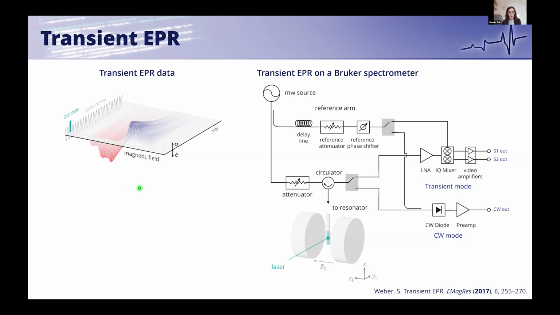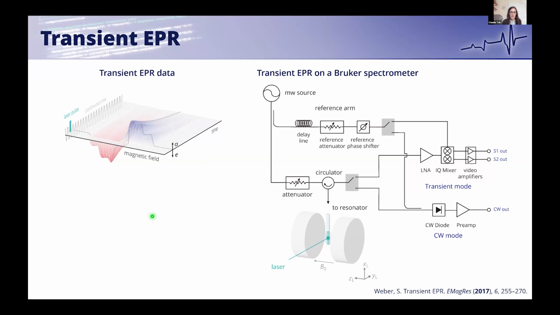What you have to do in both cases is synchronize your laser with your spectrometer, so you can define the time axis with respect to the laser pulse. Typically, these photoexcited states are relatively short-lived, so the timescales go from hundreds of nanoseconds to microseconds and very rarely milliseconds.